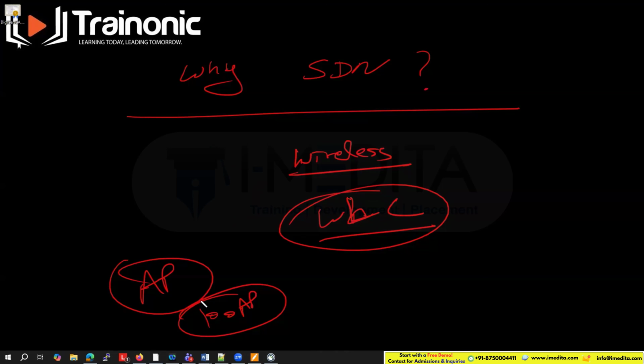The other way around is to manage all your APs from a centralized location, and for that, we had this controller, the wireless LAN controller. And it became super easy because we can manage all our APs from that centralized location. So it made our job easier. We can roll out our changes frequently, quickly, with reliability. That's what the controller has done for you.